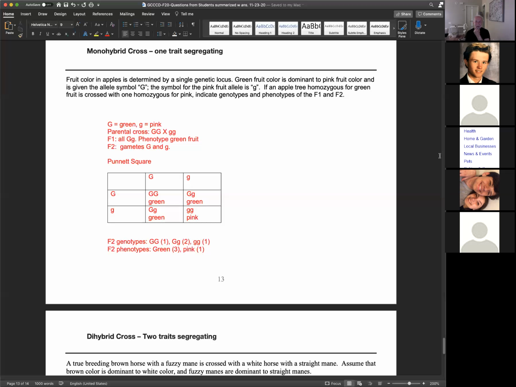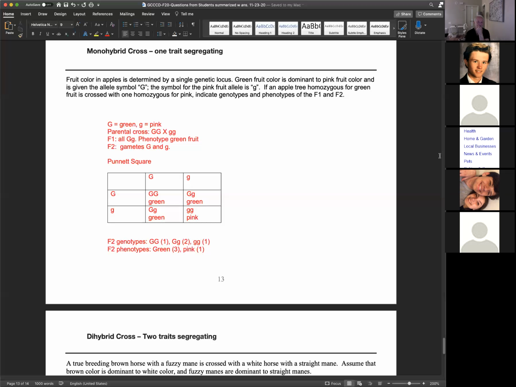So it tells us that green fruit color is dominant to the pink fruit color. And remember, we can assign any arbitrary letter that we want to this trait that we're looking at. In this case, they've chosen big G to be green and little g to be pink. We always use a capital letter for the dominant trait, and we always use a lowercase letter for the recessive trait.